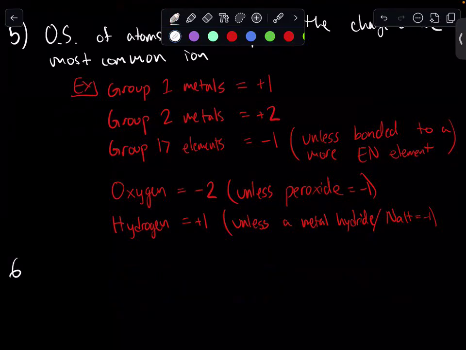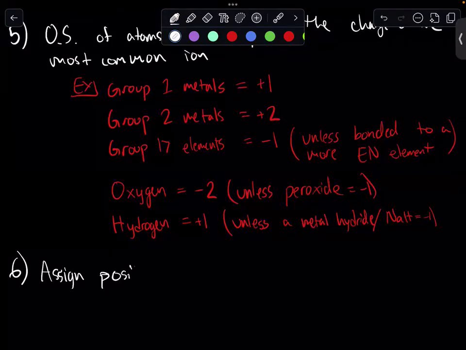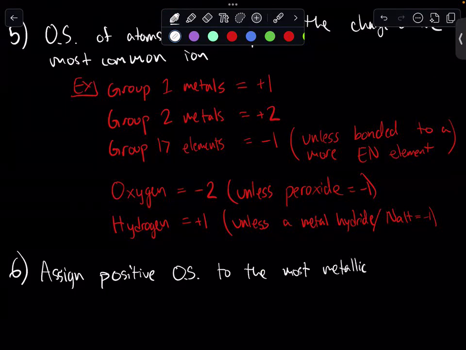And finally, our last rule, rule 6. We assign positive oxidation states to the most metallic element first.